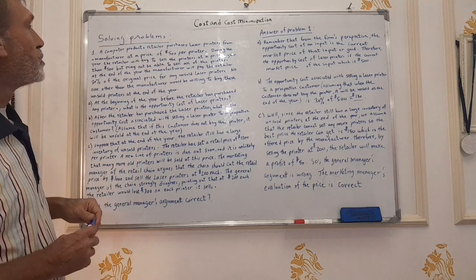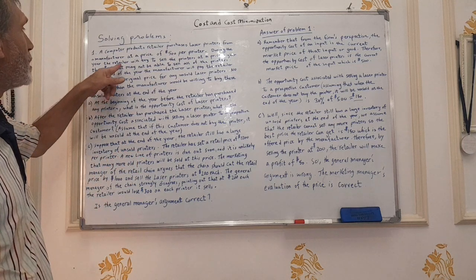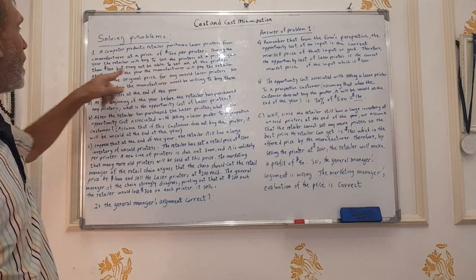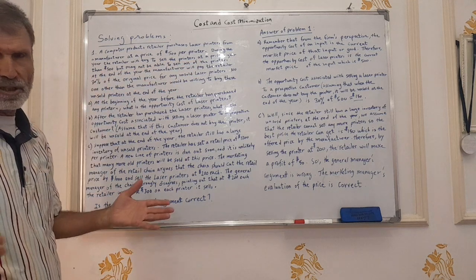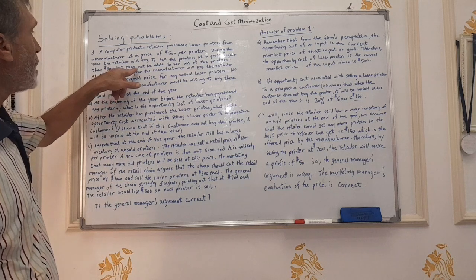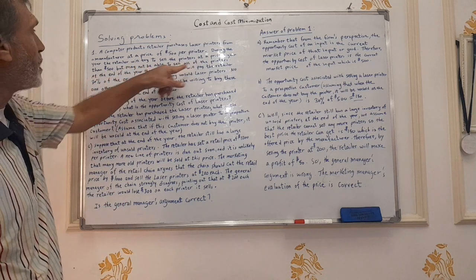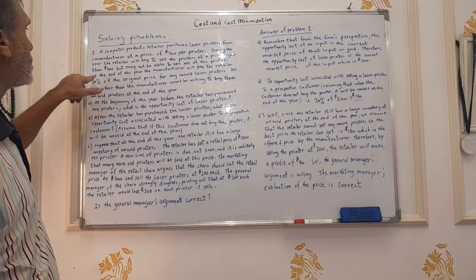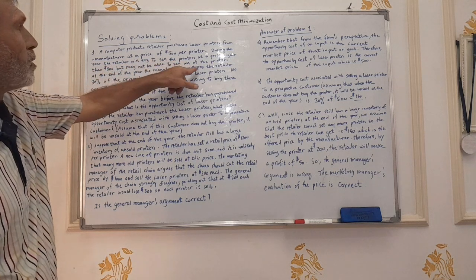During the year, the retailer will try to sell the printers at a price higher than $500. That's natural, of course. But it may not be able to sell all of the printers at the end of the year.